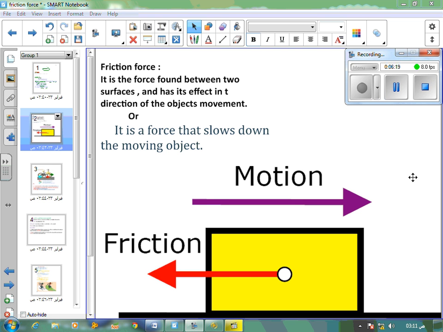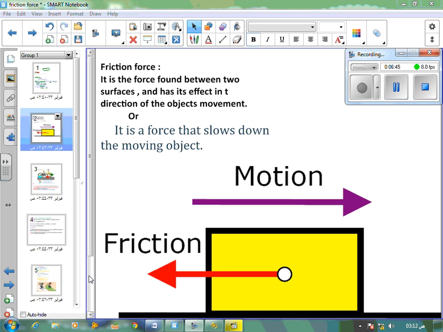What will we observe? We will observe that the ball will move for a longer distance on the smooth surface. This is because the friction force between the ball and the smooth surface is smaller than the friction force between the garden and the ball.